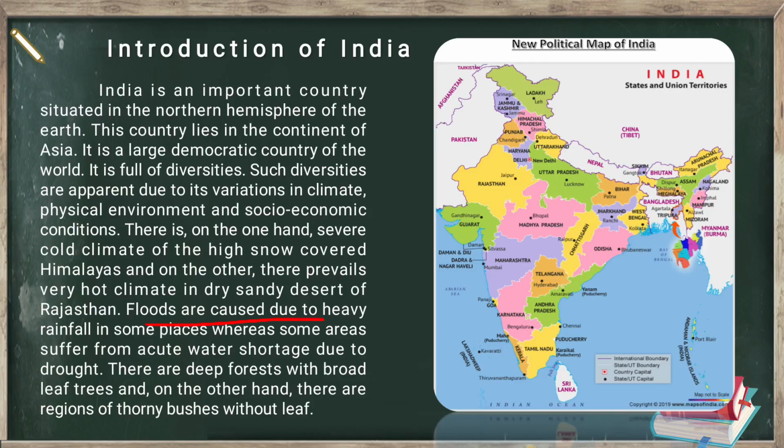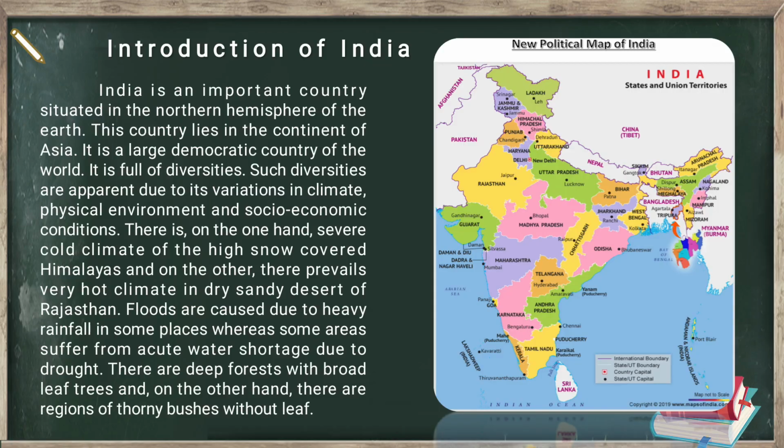So floods are caused due to heavy rainfall in some places, whereas some areas suffer from acute water shortage due to drought. There are deep forests with broad-leaf trees. On the other hand, there are regions of thorny bushes without leaf.